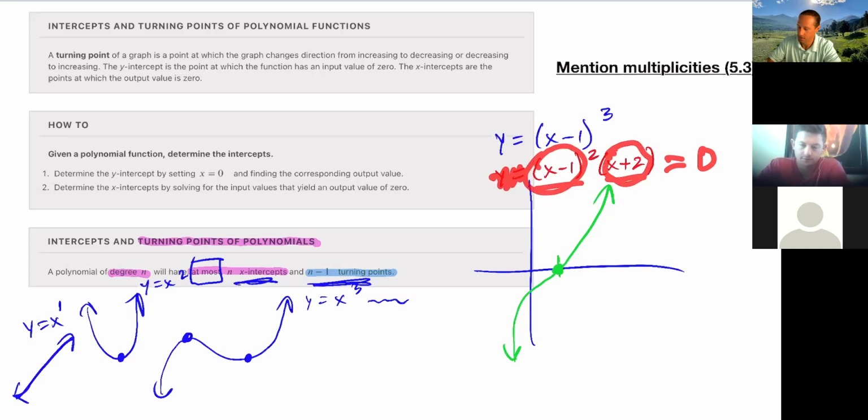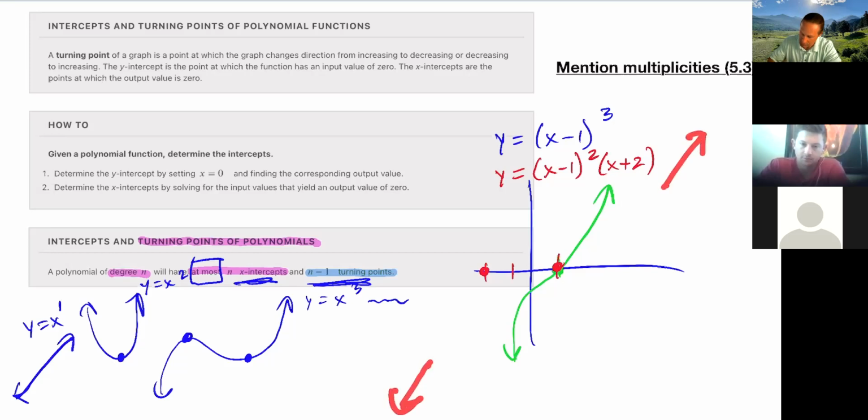Which means I should be able to graph that one as well. At 1 and at -2. And we said we knew that it behaved down here and then up here, didn't we? But what does it do here? Does it hit this and go through and then hit that and go back through this way?